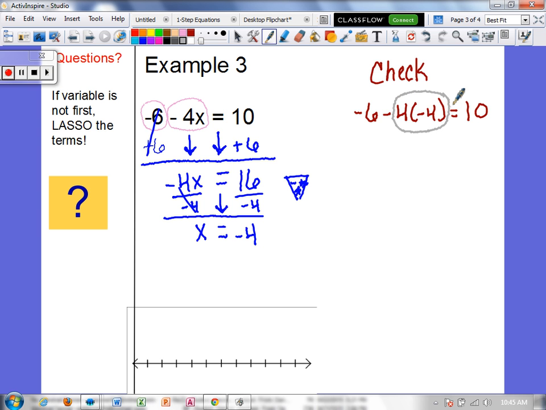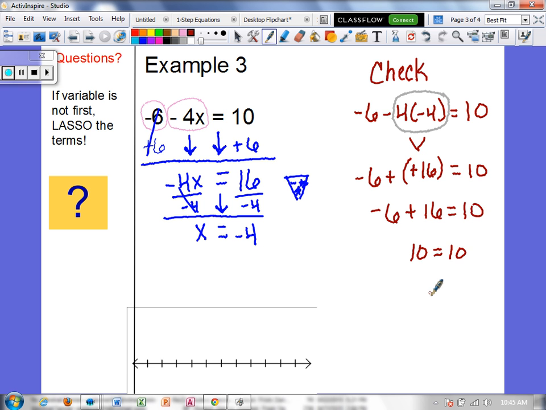You could do 4 times -4, and that would be -16, and then I carry down what's outside of that lasso. So I have -6 minus a -16 equals 10. We are subtracting and there is a negative involved, so I really want to add the opposite, and I get -6 plus 16 equals 10, which is what we had before, and we know that checks out.